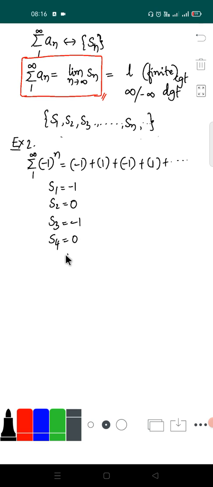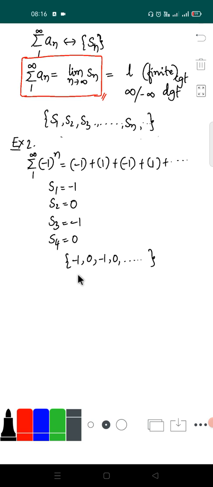So you can observe that the sequence is minus 1, 0, minus 1, 0 and so on. This sequence is not converging to minus 1 and not converging to 0 either, but it is not diverging also.